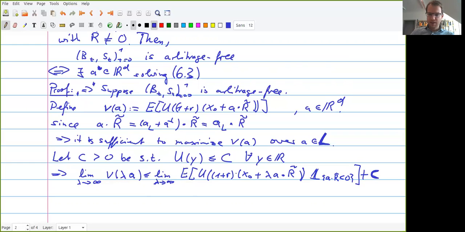And now if I take the limit here and know that this is negative, this goes to minus infinity, since I know my utility function is strictly increasing and concave.